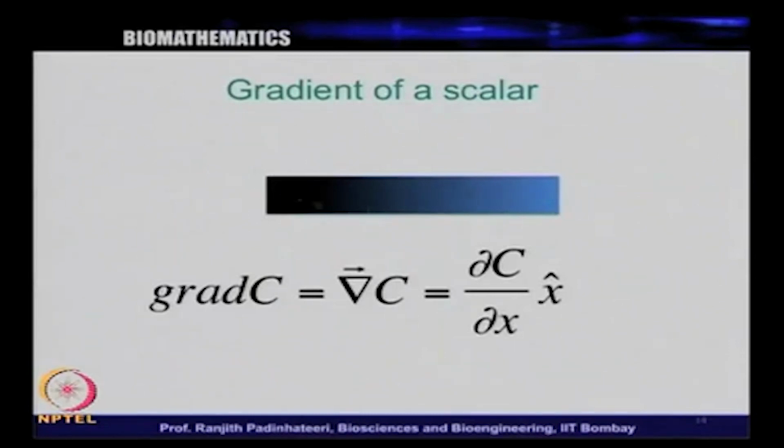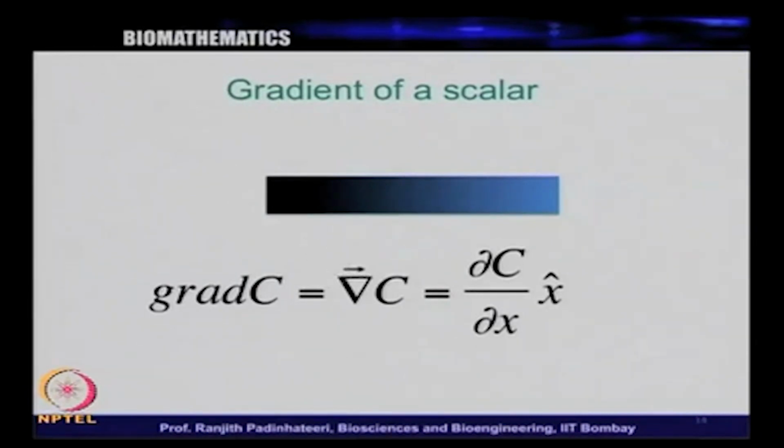It is dark here and not so dark here. So, the concentration is changing in this x direction, but in this other direction it is not changing. To represent this direction in which the concentration is changing, we can introduce something called gradient.